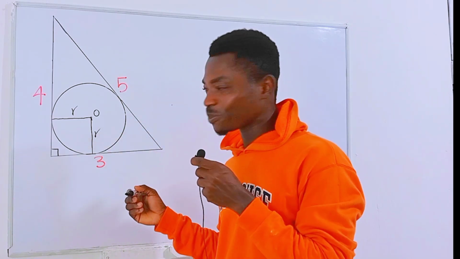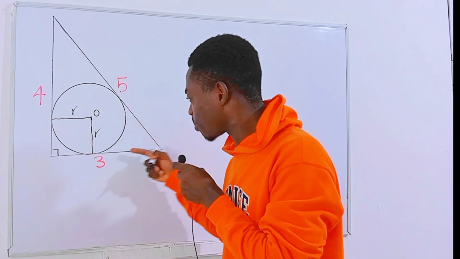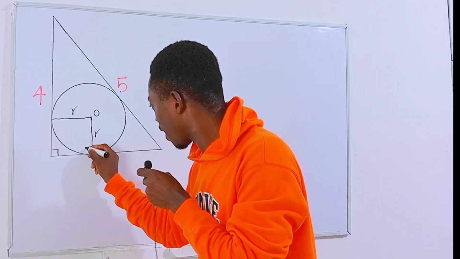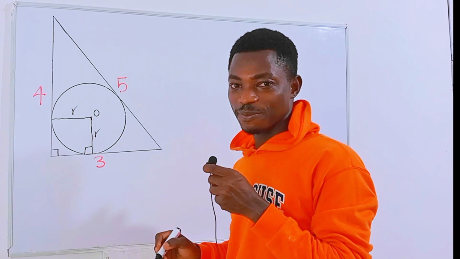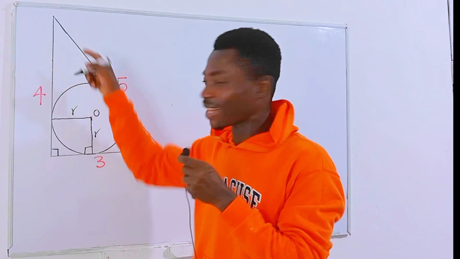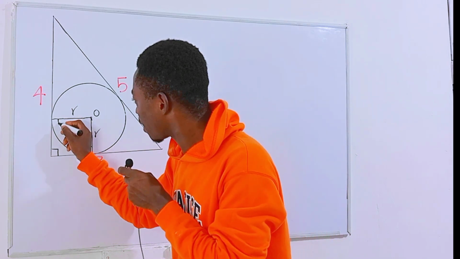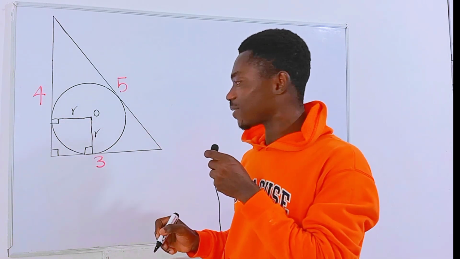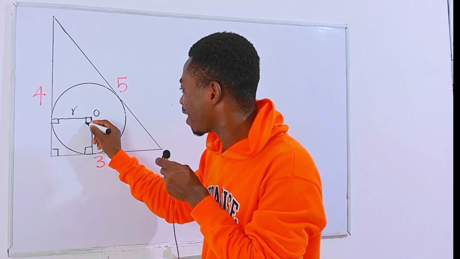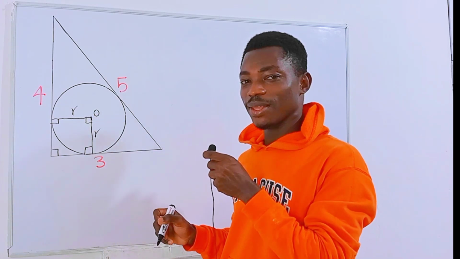And what can we see? This is a straight line and is perpendicular to this tangent line. So it means that the angle right here is 90 degrees. In the same way, this line is also perpendicular to this tangent. Therefore, the angle right here is also 90 degrees. And then we can see that here there's also a 90 degrees angle.